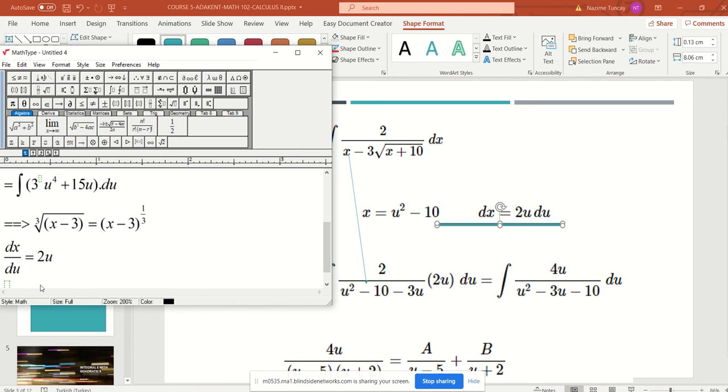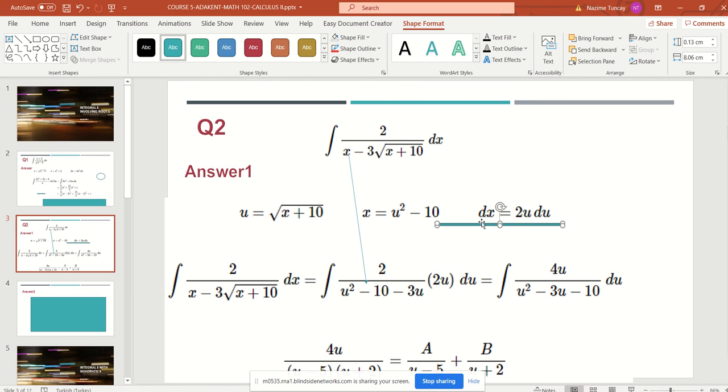And here by cross multiplication I have dx equals 2u du. From here I have x written in terms of u, dx in terms of u, and the square root in terms of u.